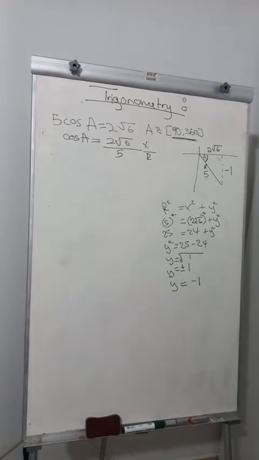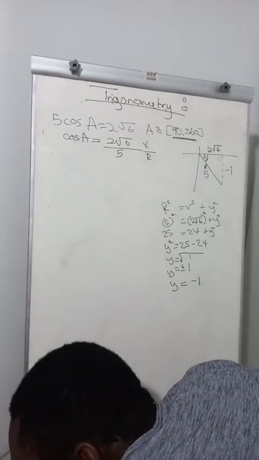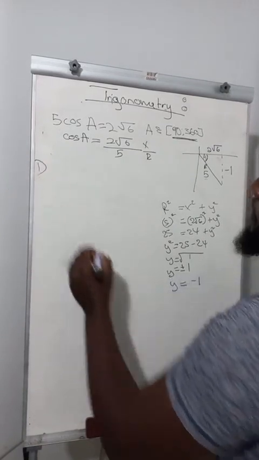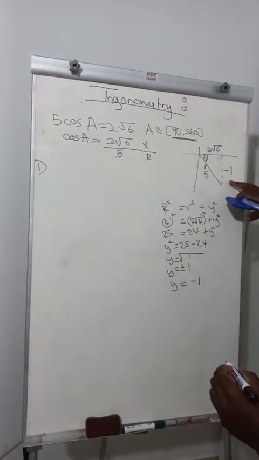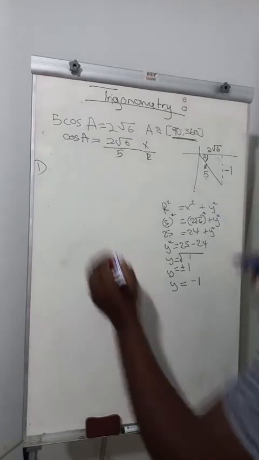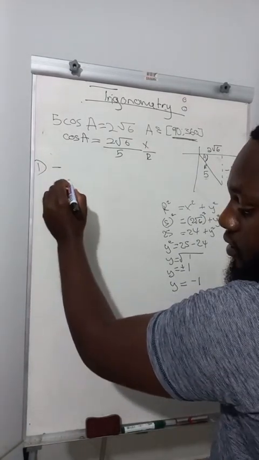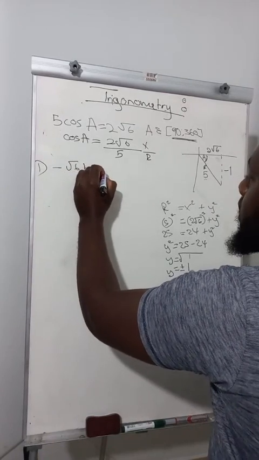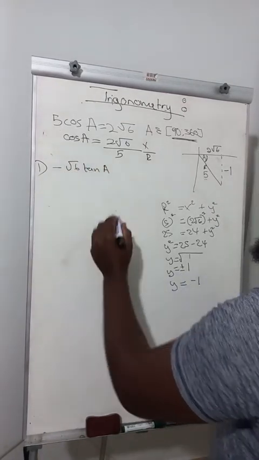Now, to solve this, the question was saying we need to get negative square root of 6 times tan A. Here I was just showing you how to get the other side. So this is question 1.